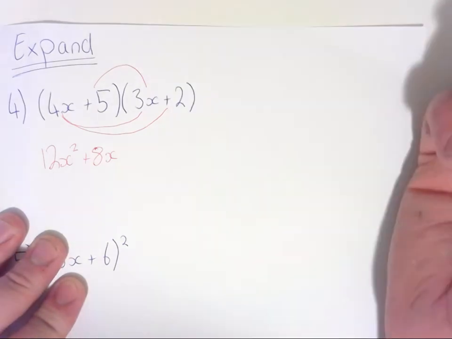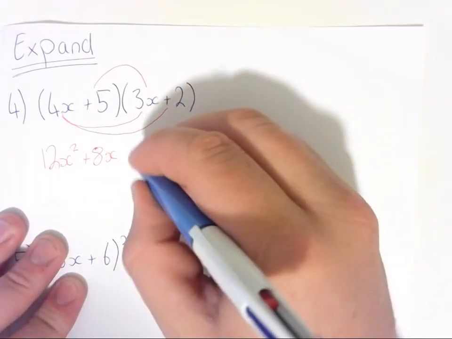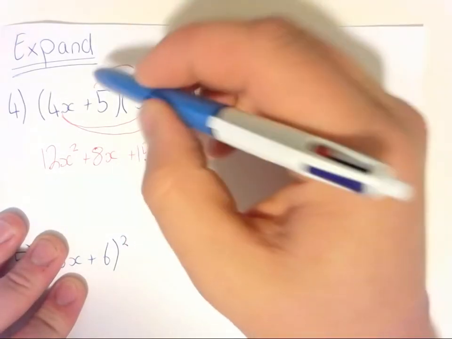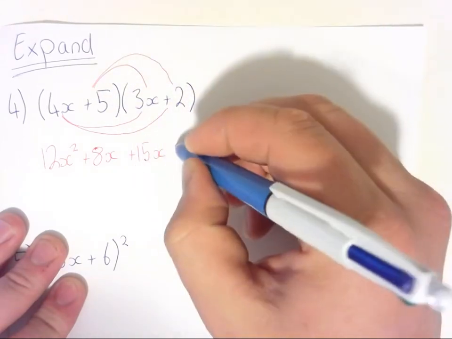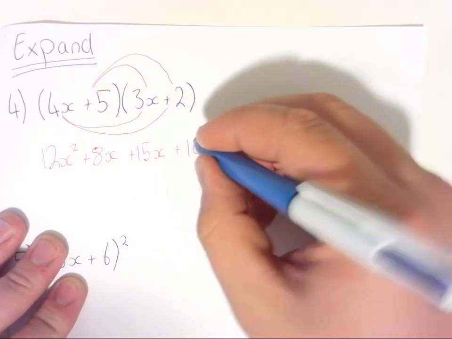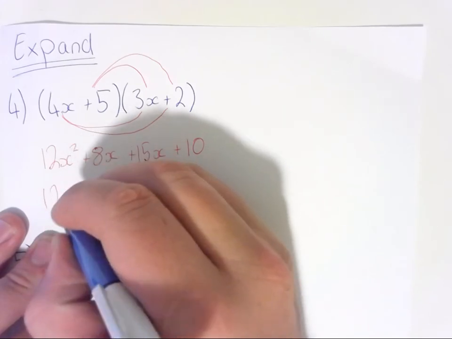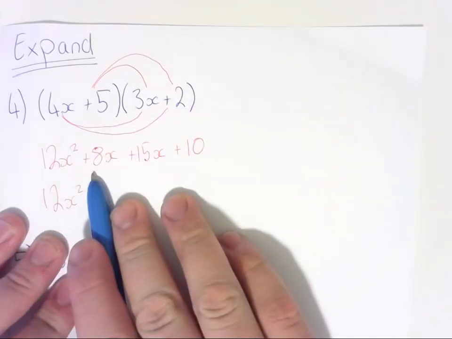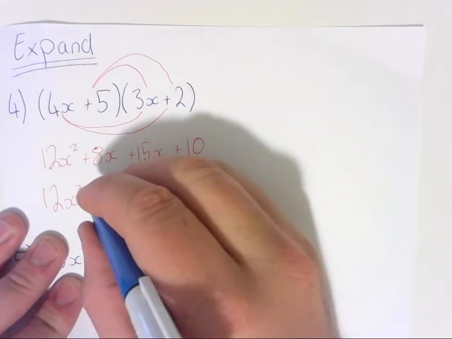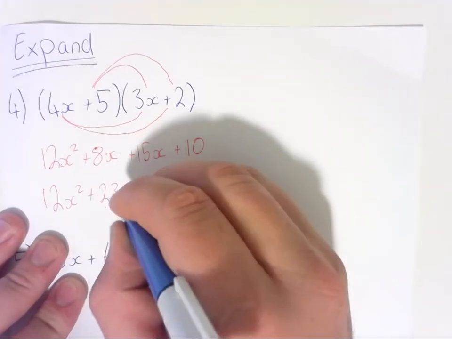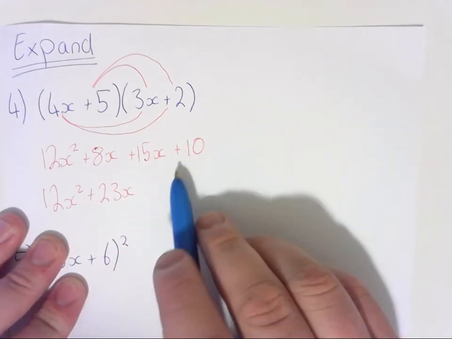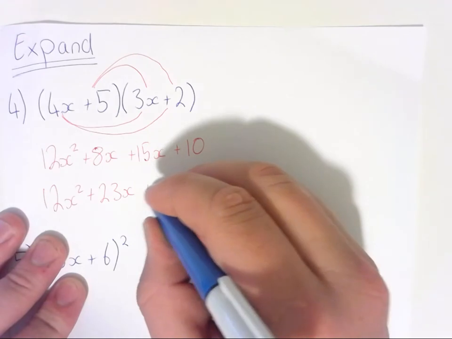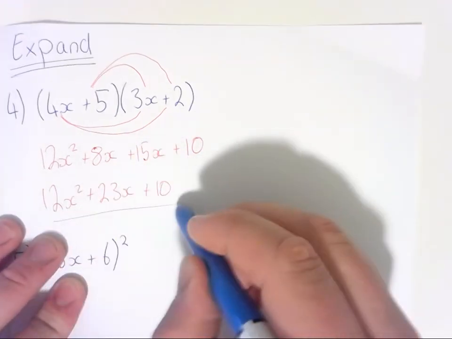Inside terms, 5 times 3x gives me 15x. 5 times 2 gives me positive 10. Collect my like terms, 12x squared, 8 plus 15 is positive 23x, and then just my plus 10 on the end.